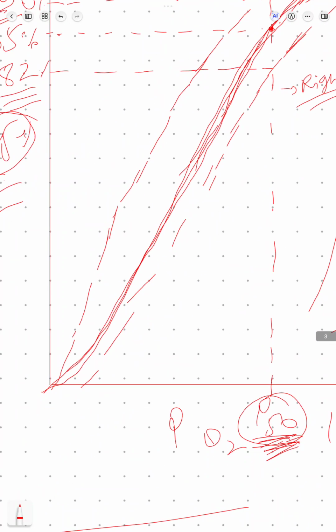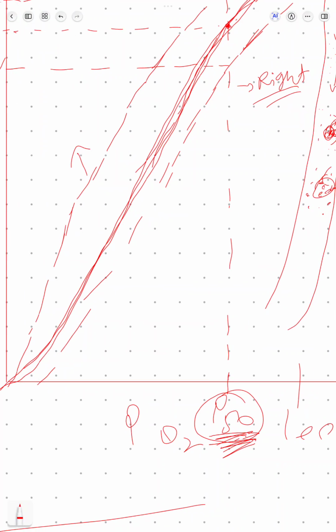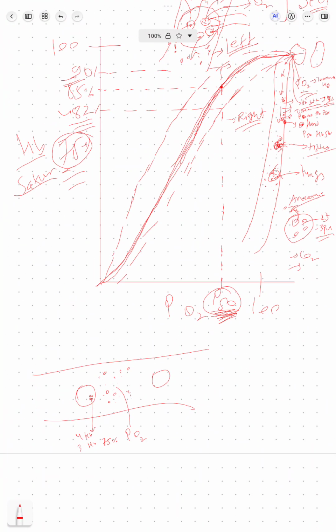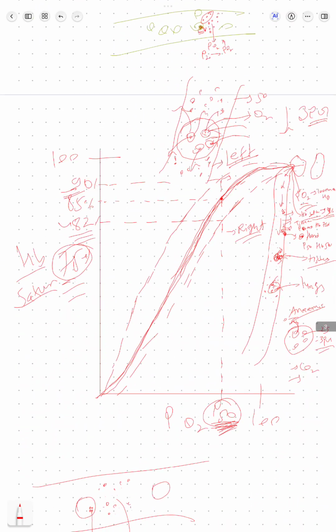So left shift might occur in abnormal situations or normally, based on the situation, for example where you are, what the temperature of your body is, and other things. So I hope I could make you understand.